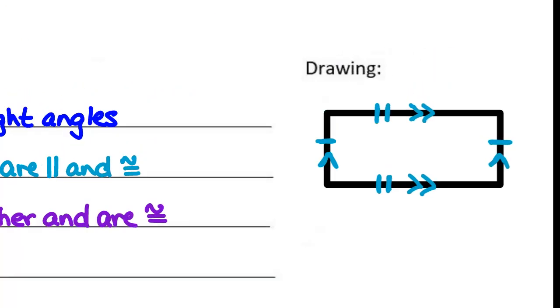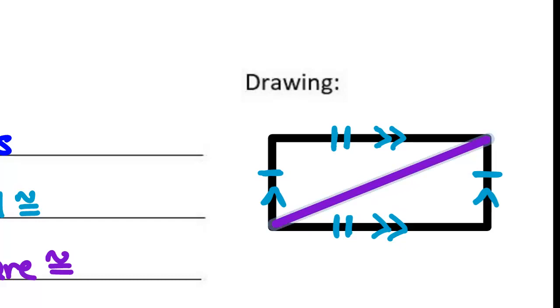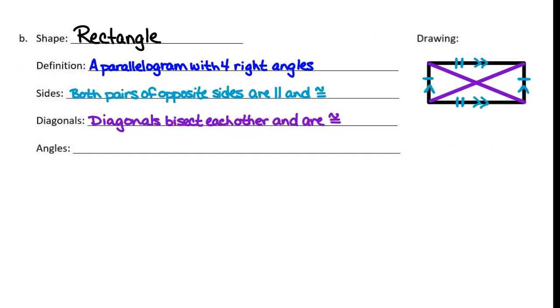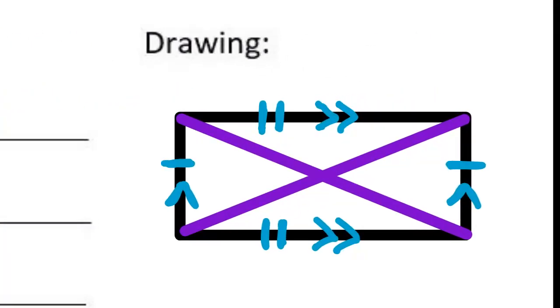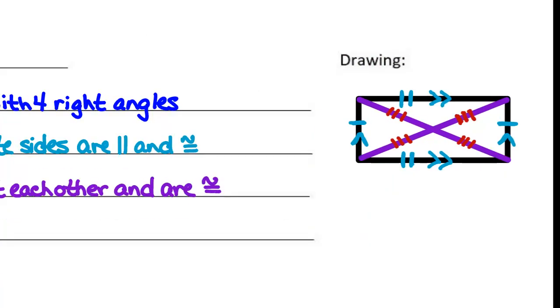So I'm going to draw in my diagonals here, connecting opposite corners. Each little half diagonal is congruent to all the other half diagonals because my 2 big diagonals are congruent to each other, and because they're cutting each other in half, that means all 4 little half diagonals are congruent.